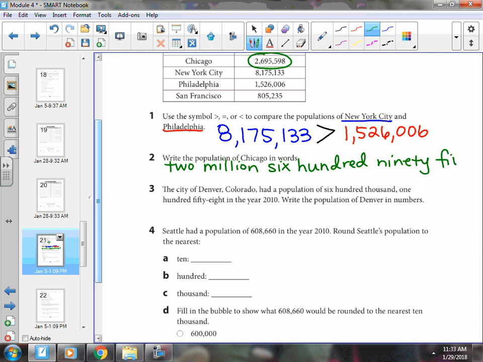And that second comma is where I write the word thousand. And the last chunk, 598. And always just do your best with spelling.